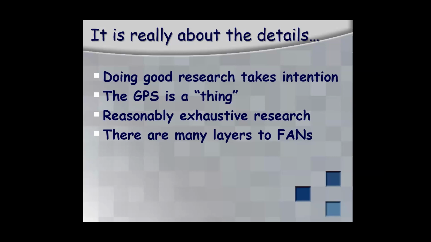It also is of great consequence when we're looking at compiled material like books and manuscripts, books that have been published and manuscripts that have been organized and perhaps calendared, described, detailed, cataloged. There are many, many layers to FANs.